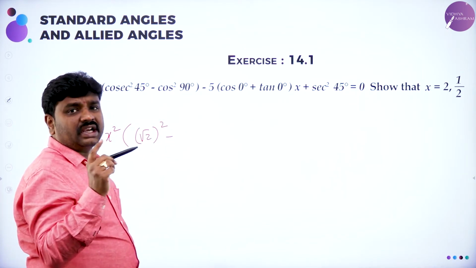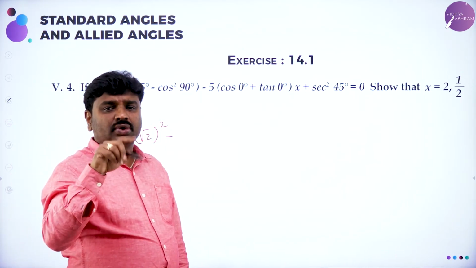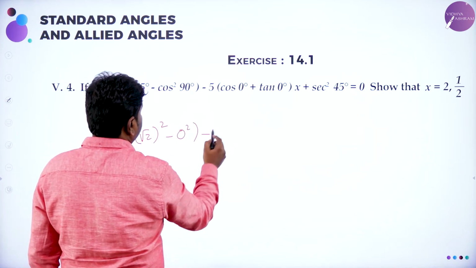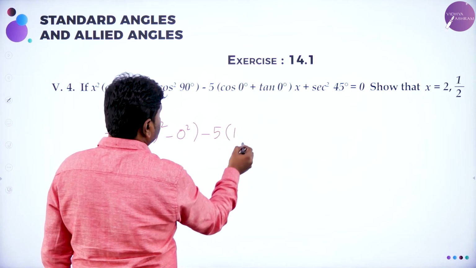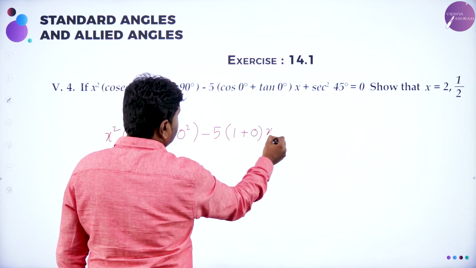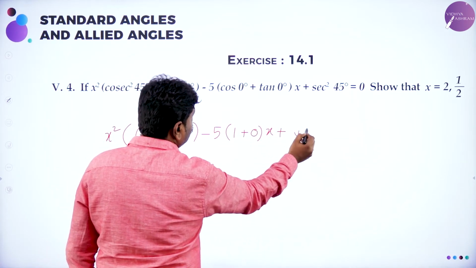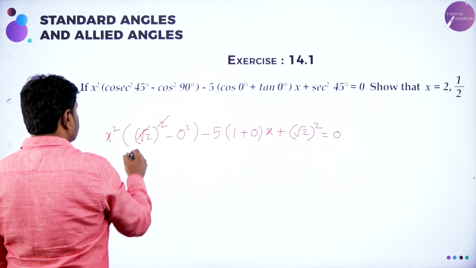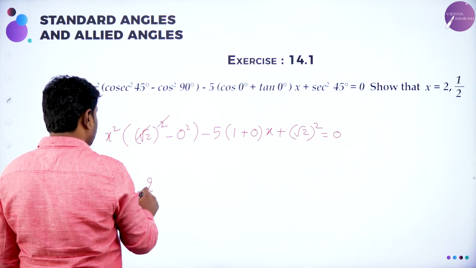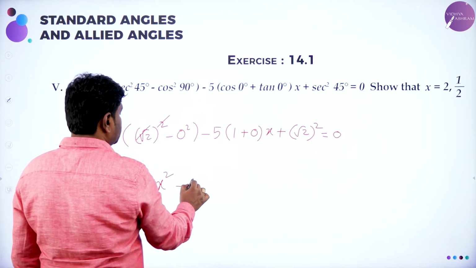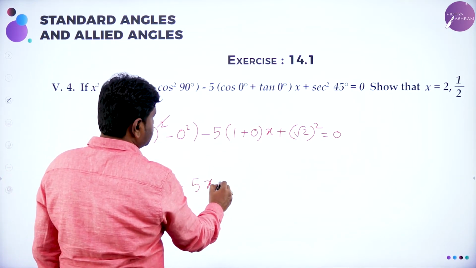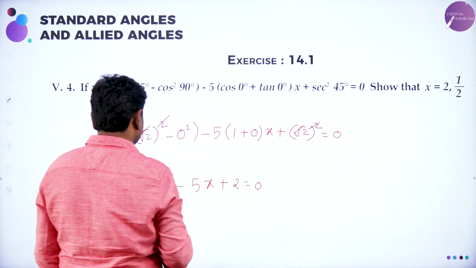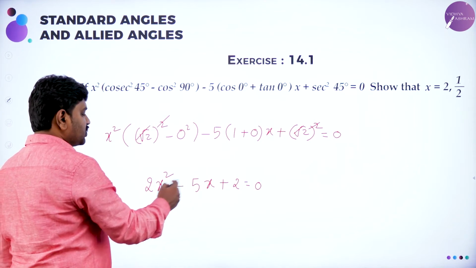You know cos 90 is 0, and 0 square, and minus 5 cos 0 is 1, tan 0 is 0 into x. Secant square 45 is root 2 the whole square, equal to 0. Now simplify, square root cancels. We will be having 2 into x square minus 5 into 1 is 5, x plus root 2 and 2 cancels. So 2 is equal to 0.